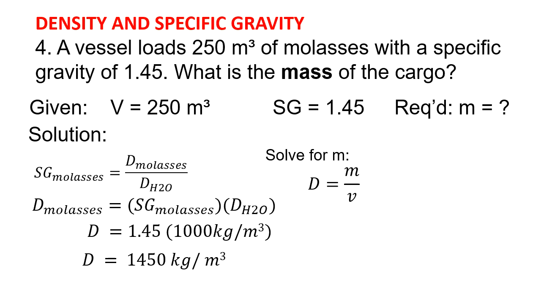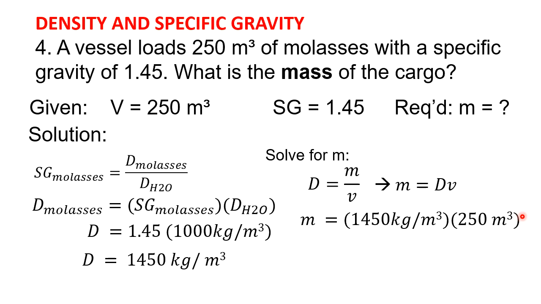And let's transform the formula again with the goal of looking for the formula for mass. So we cross multiply, and we get M equals D times V.